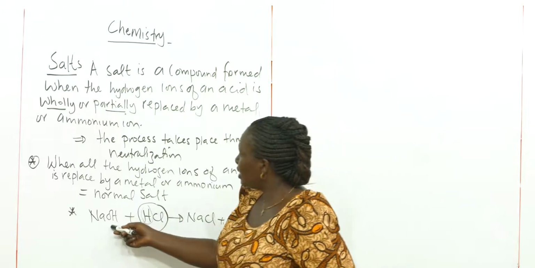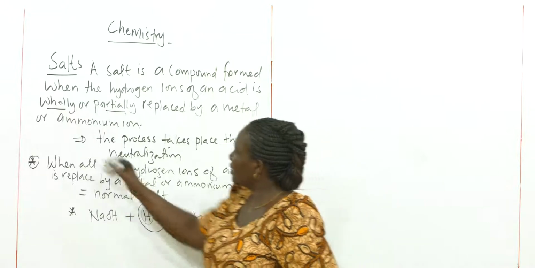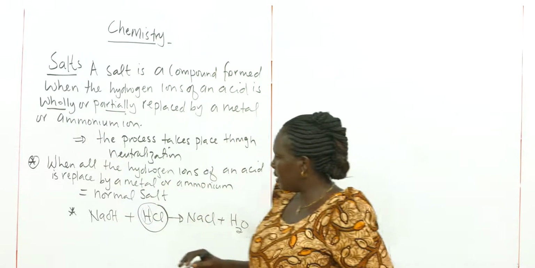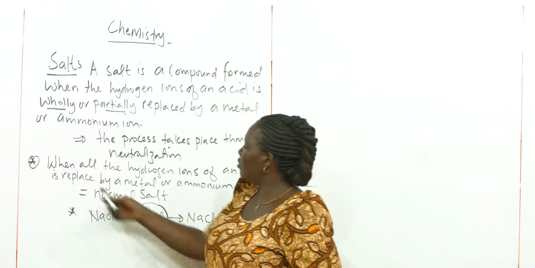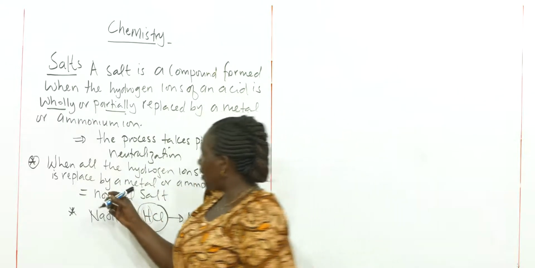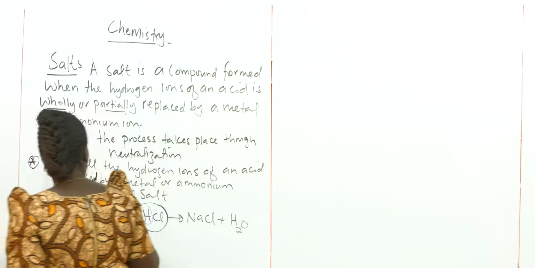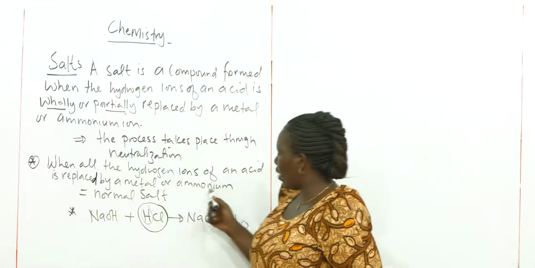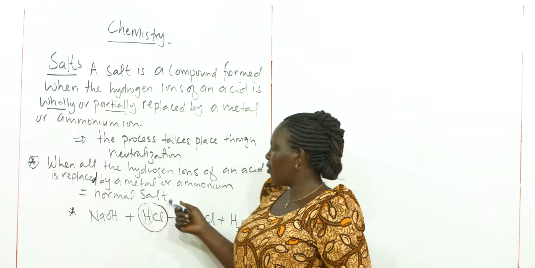So here we say the replacement is wholly. Therefore, we say when all the hydrogen ions of an acid are replaced by a metal or ammonium, then we have a normal salt.